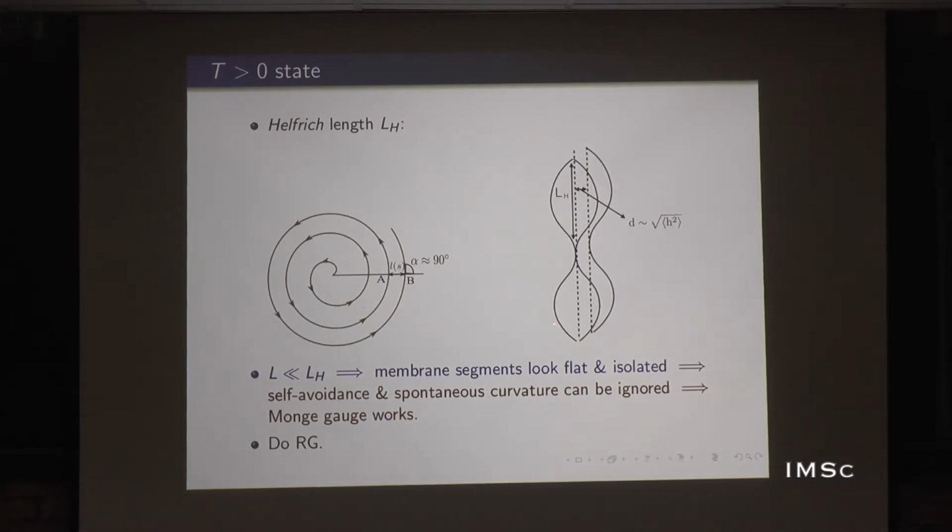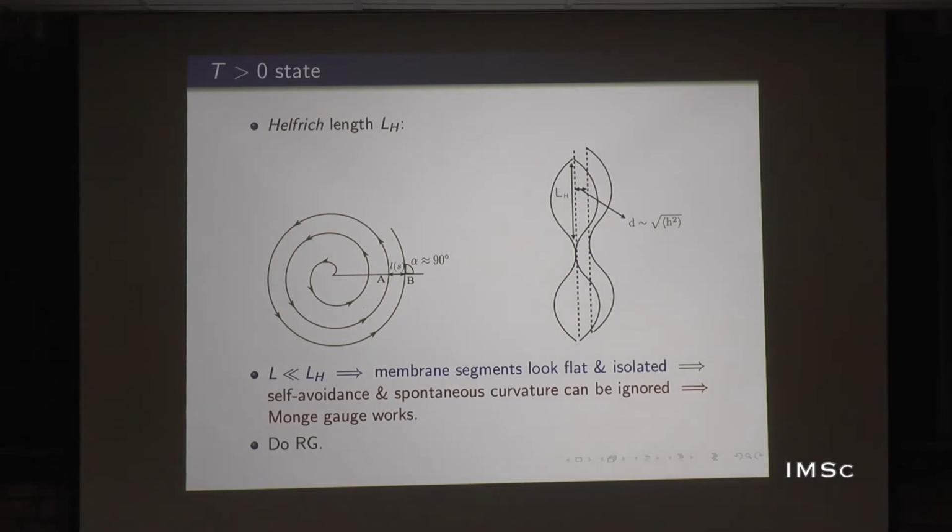So, the physics of an isolated membrane can be applied to segments which are smaller than L sub h. So, as I said, for L much smaller than L sub h, the membrane segments look flat because they are too small and isolated. So, for these regions, self avoidance and spontaneous curvature can be ignored because they are almost flat, and the question of self avoidance comes only if they come close to each other.